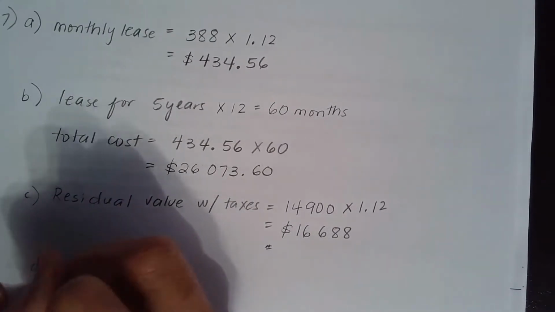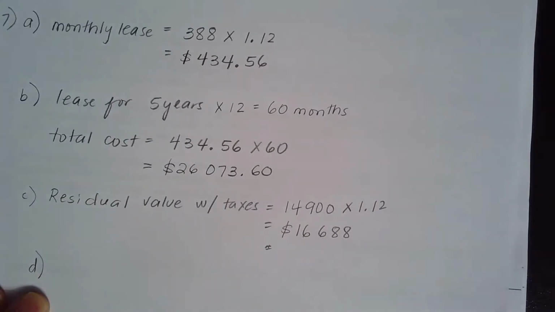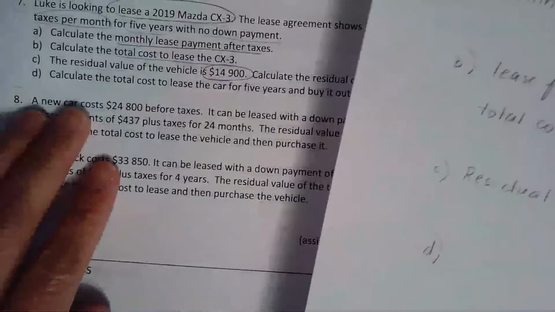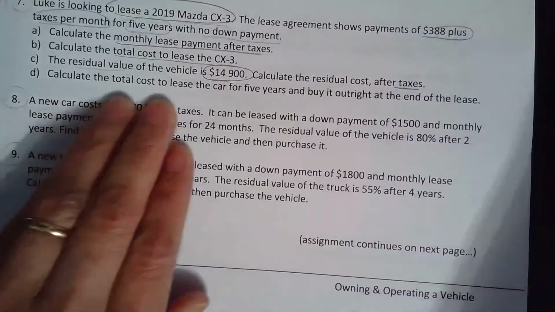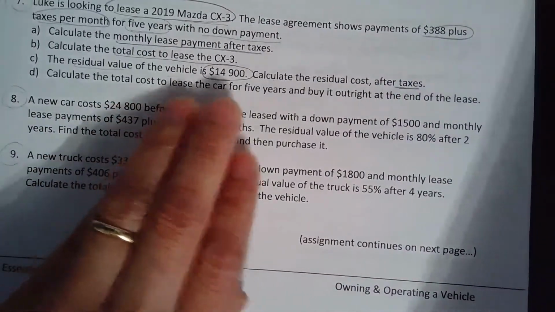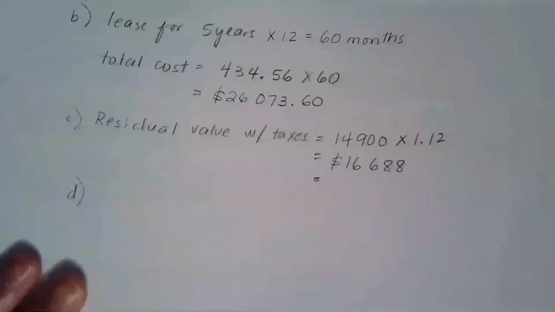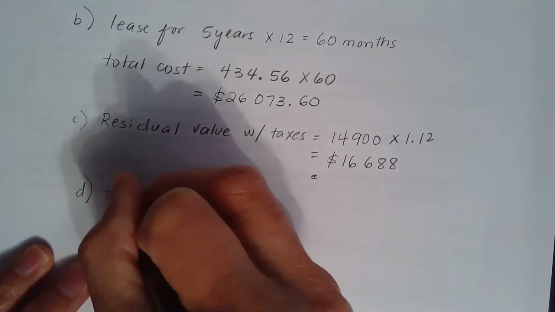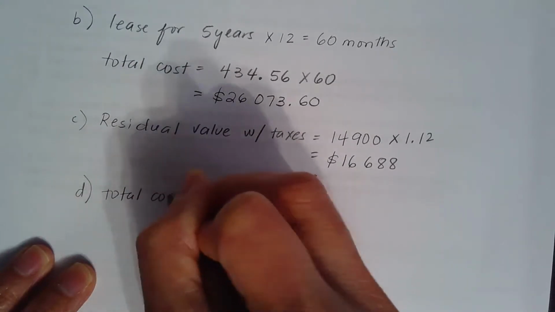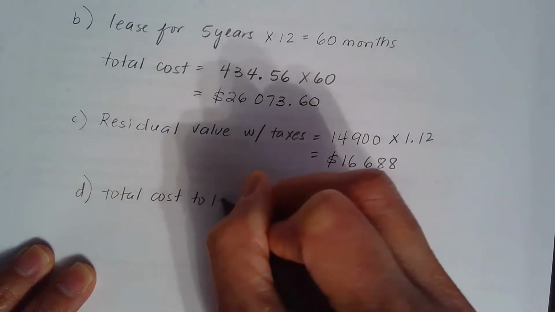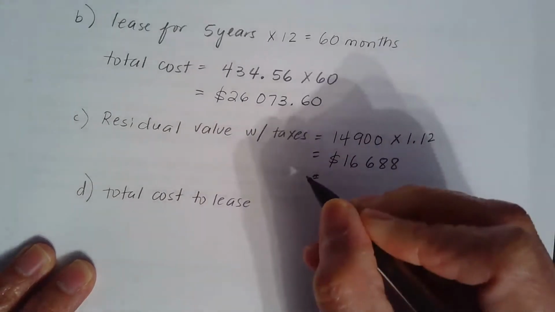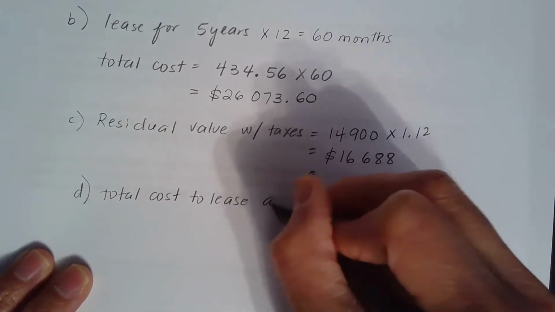Okay, now let's take a look at letter D. Letter D says here, calculate the total cost to lease the car for 5 years and then buying it. So the total cost to lease and buy.